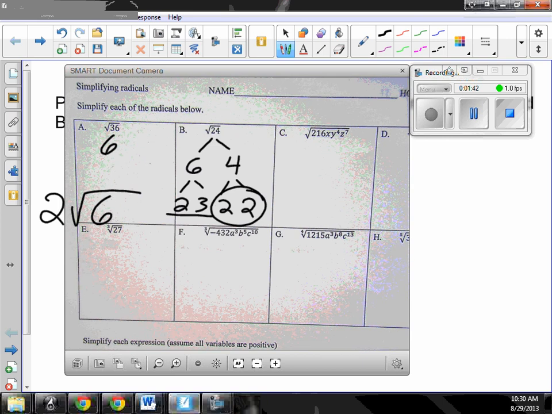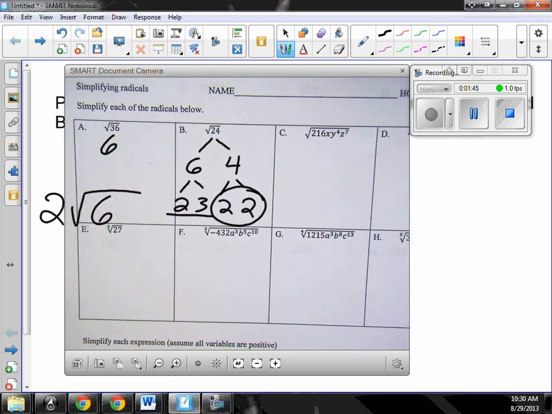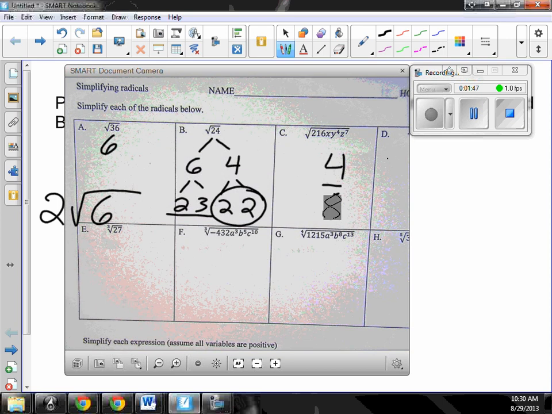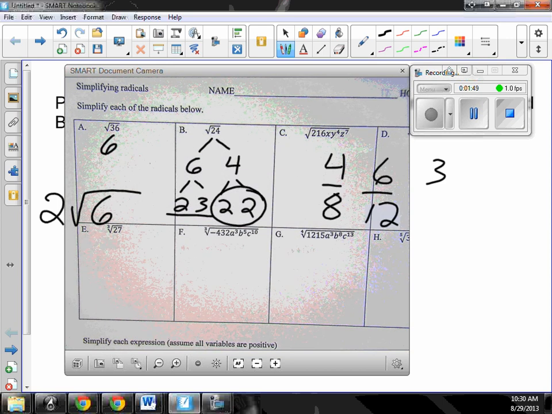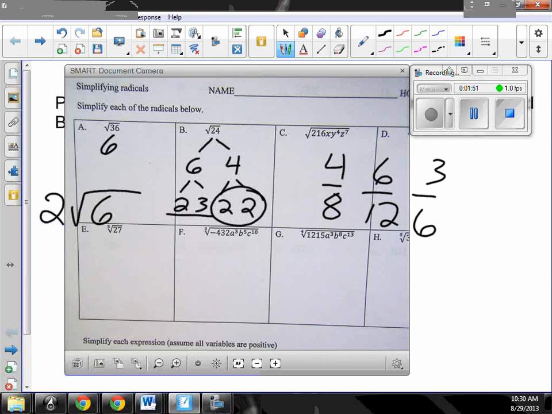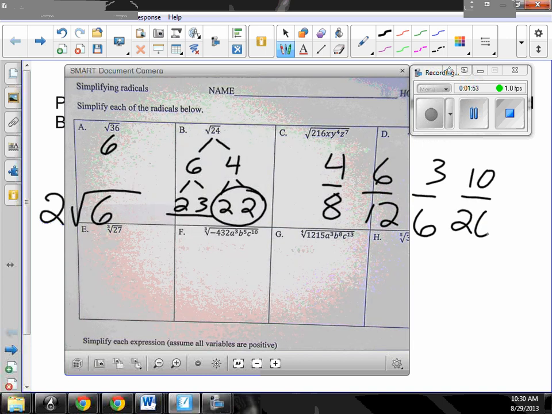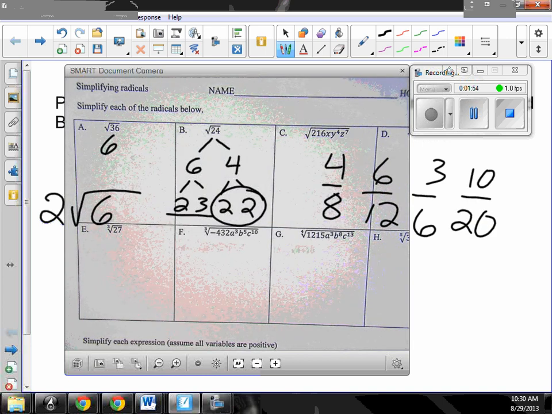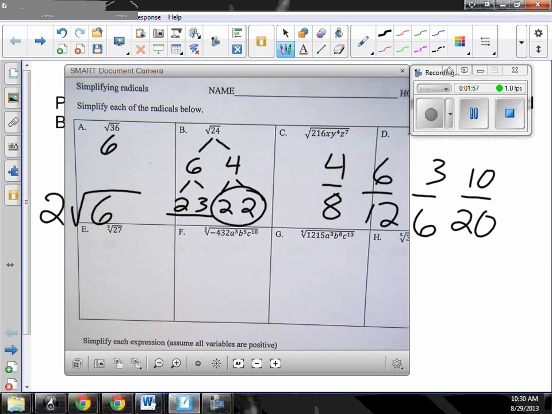Well, we care for the same reason that we care about 4/8 and 6/12 and 3/6 and 10/20. If I gave a problem and everybody had one of those answers, who is correct? They're all correct, but we prefer none of these answers.